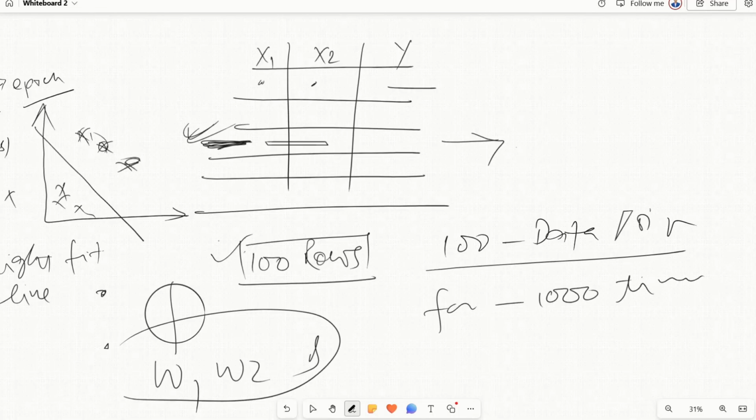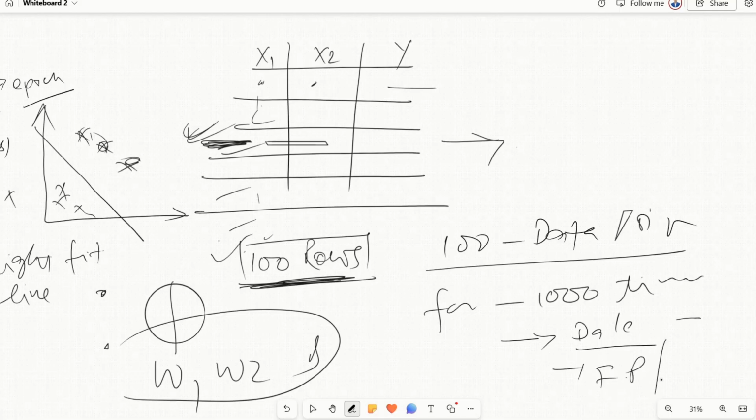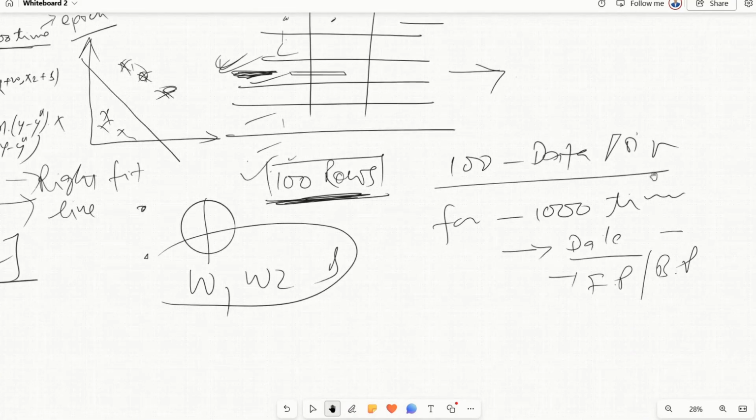In every loop, I'm selecting a data point randomly, so out of 100, I'm taking any one data point. Then I'm applying forward propagation, I'm applying backward propagation, and finally, after this iteration, I found my weights w1, w2, and bias. This is what I'm doing.